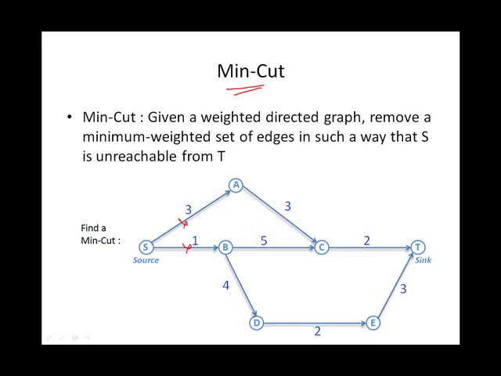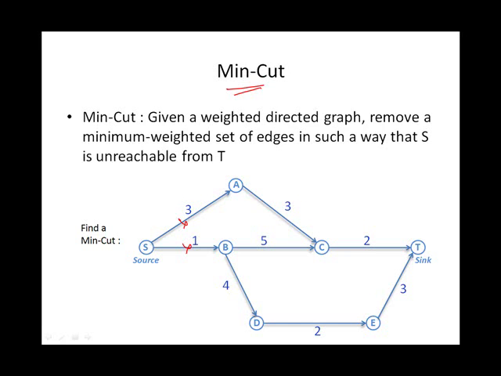So the sum of the weights of the edges we removed is 3 plus 1, that is 4. Okay. So what we are looking for is the minimum weighted set of edges to remove so that there is no path from source to sink. So is 3 plus 1 the minimum weight possible?